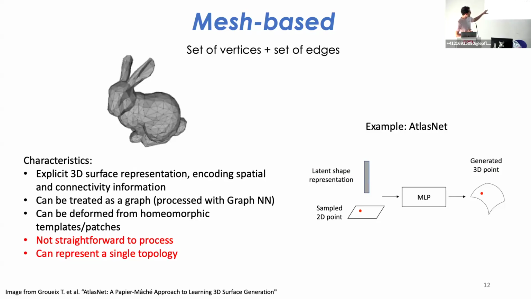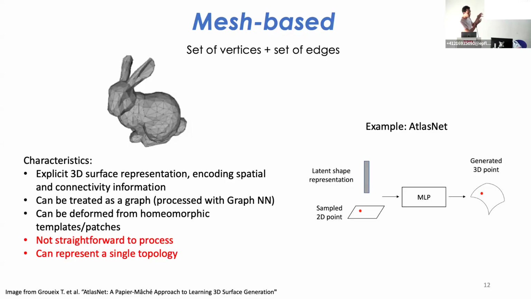You need specialized networks like graph neural networks that are able to work on graphs. You can see a mesh as a graph because you have nodes and edges between them. But it's not so straightforward to process because, again, you need a specialized network, and if you want to do some of the tasks that are specified, like optimizing a shape to do something specific, you might want to modify the shape. But how do you modify a mesh?